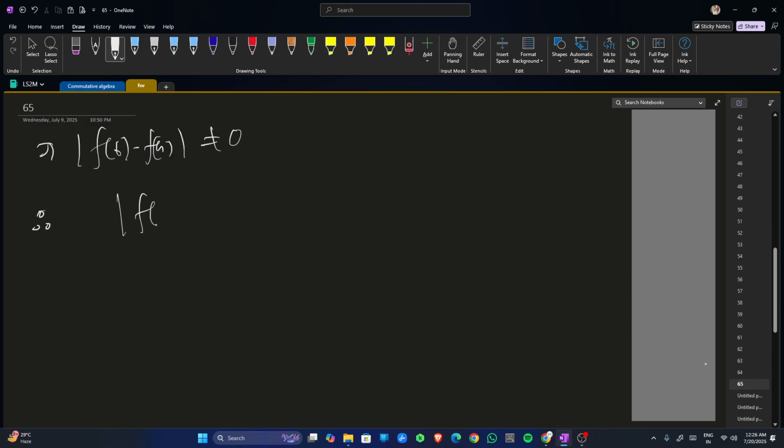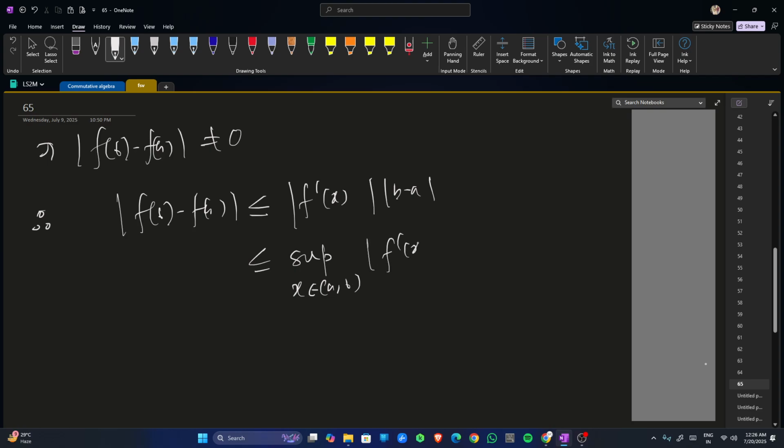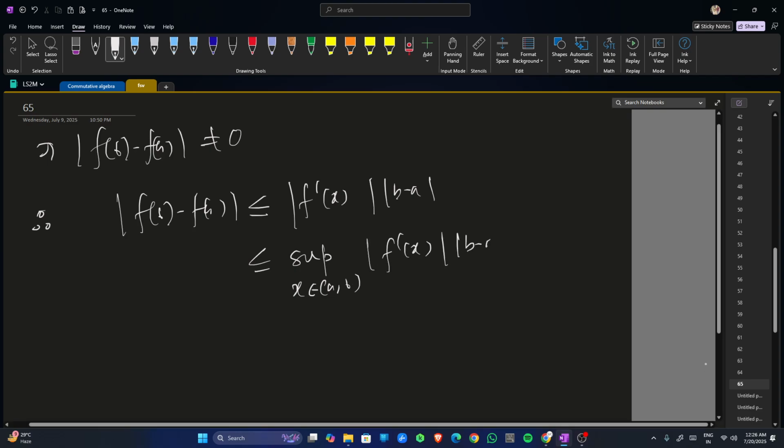So this gives the norm of f(b) minus f(a) is less than or equal to the norm of f prime(x) into (b minus a), which is less than or equal to the supremum over x belongs to (a, b) of the norm of f prime(x) into (b minus a). This is our theorem.